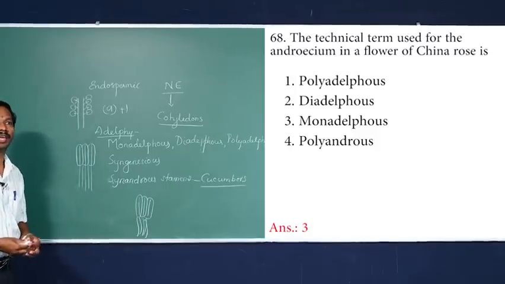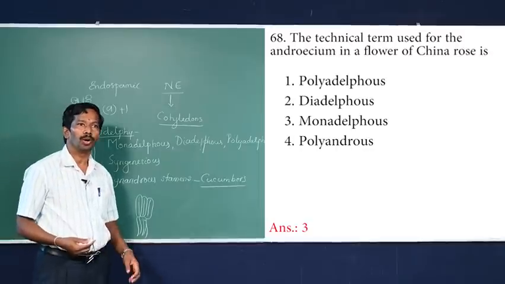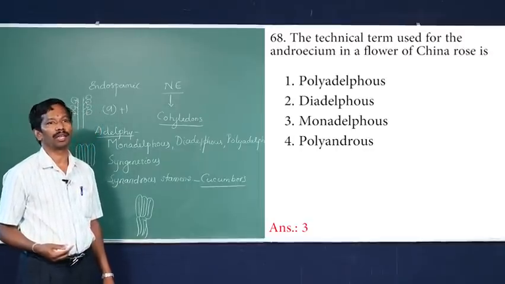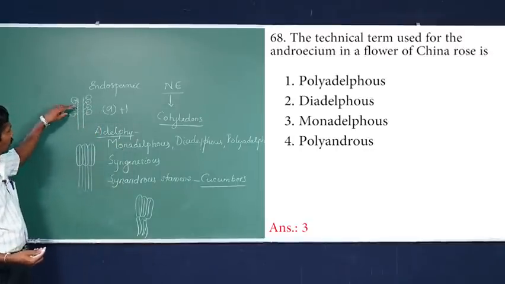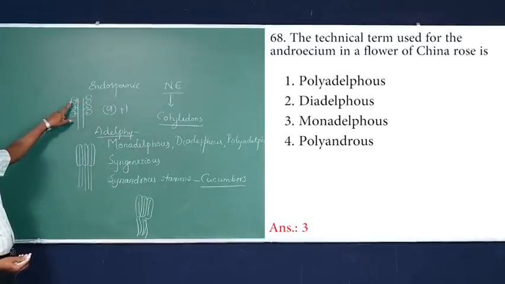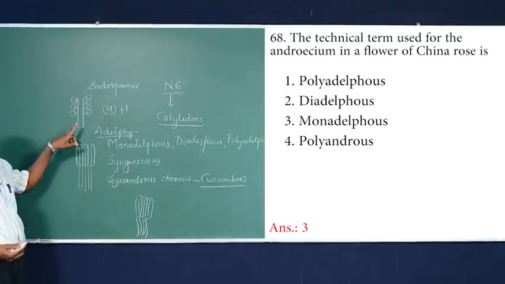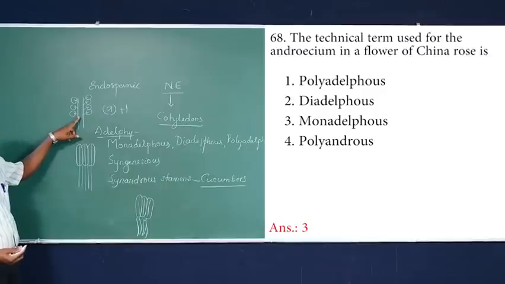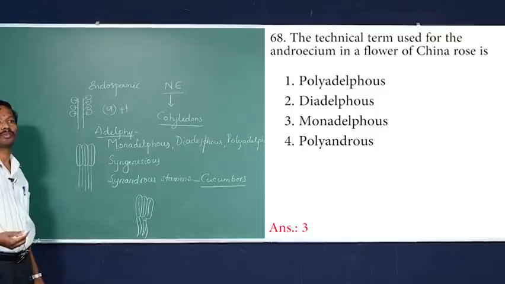Yes. 68. The technical term used for androecium in a flower of China rose is, as already mentioned, when filaments are united, anthers are free from one another, the condition is called monadelphous. Mono means single, adelphi means bundle. Single bundle formation, monadelphous stamens are considered.